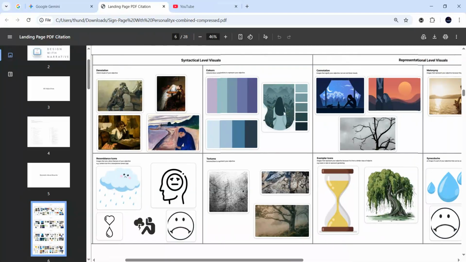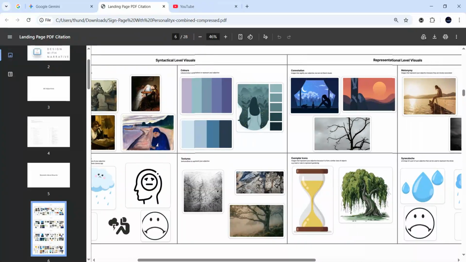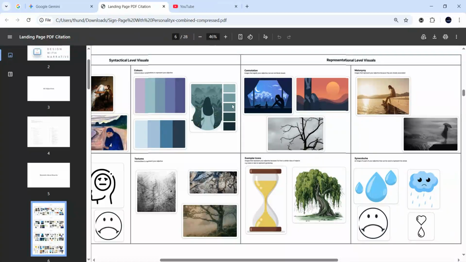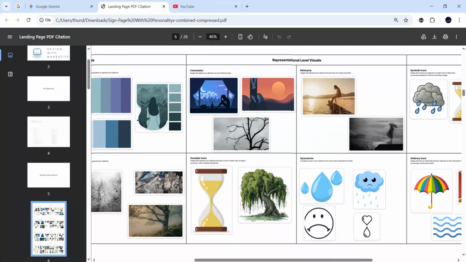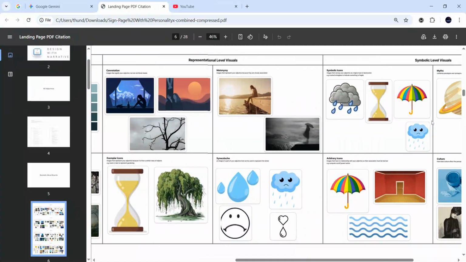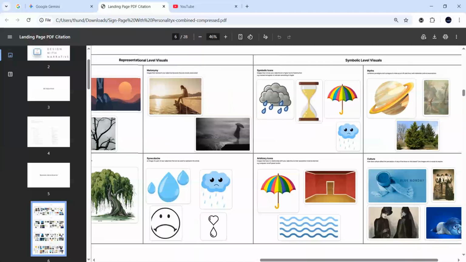And then here are some colors that are typically associated with the word, and here are some connotations, where it's similar to the first one, where it's images that signify the meaning. And then here you have some other images and specific icons that are symbolic of what the term represents.